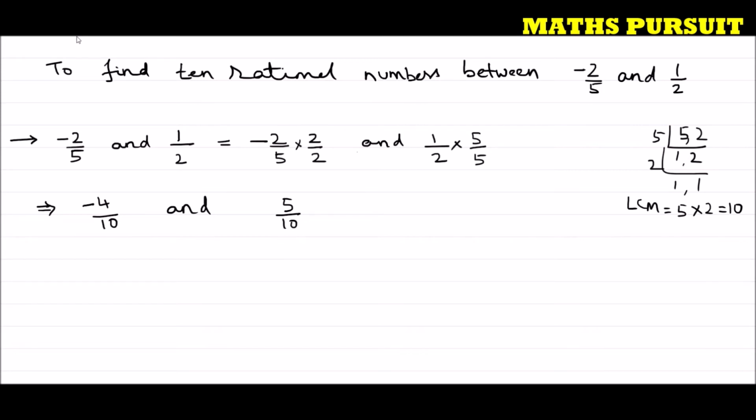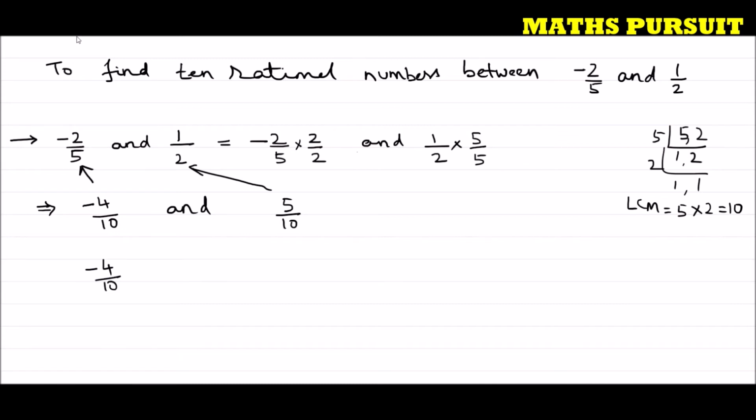These are the new rational numbers that we got. Minus 4 upon 10 is nothing but minus 2 upon 5, and 5 upon 10 is nothing but 1 upon 2. Now guys, let us see how many rational numbers we are getting in between these two. So here it is minus 4 upon 10.